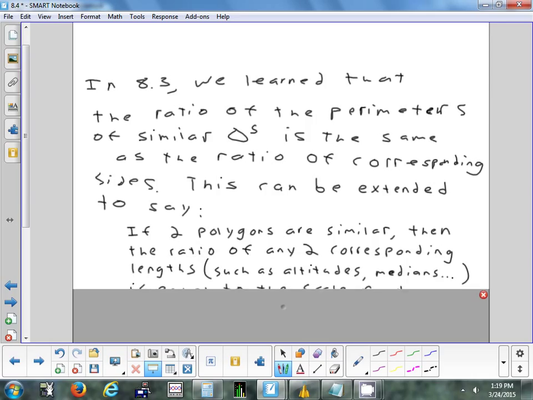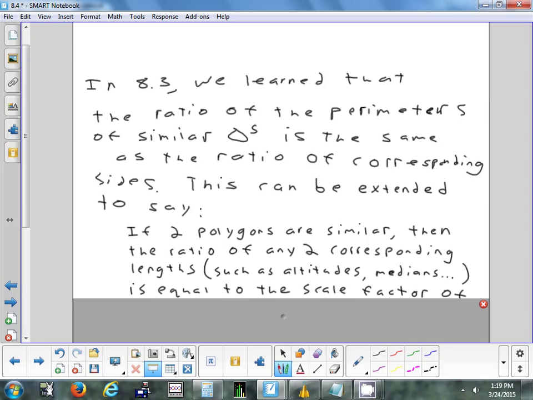Well, we can extend that idea to basically any corresponding lengths in triangles. It doesn't have to just be the sides. If the sides are in a ratio of 2 to 1, the altitudes are in a ratio of 2 to 1. The medians are in a ratio of 2 to 1.